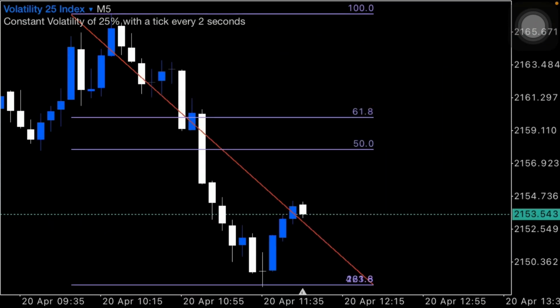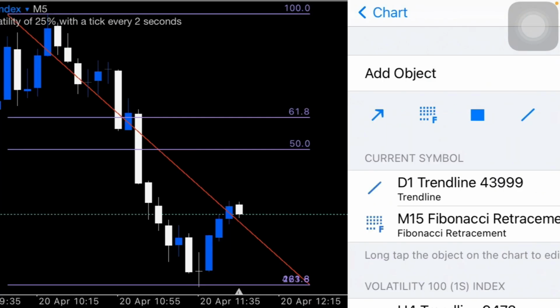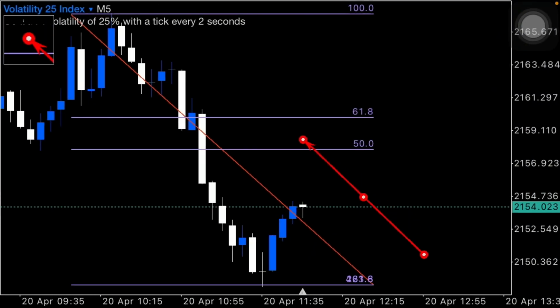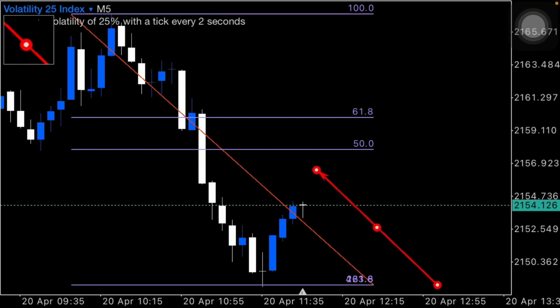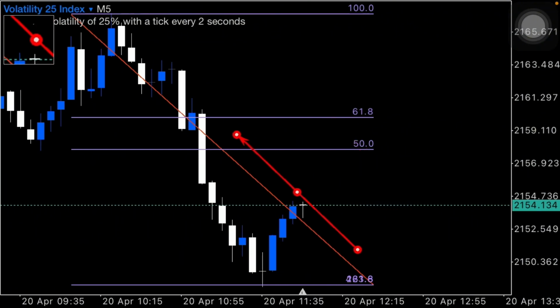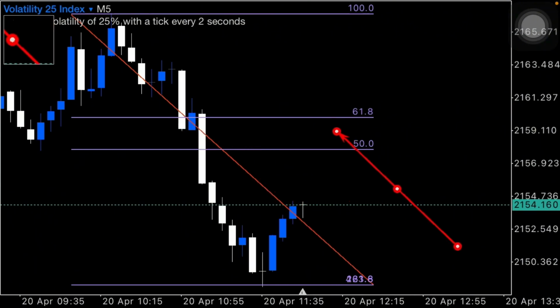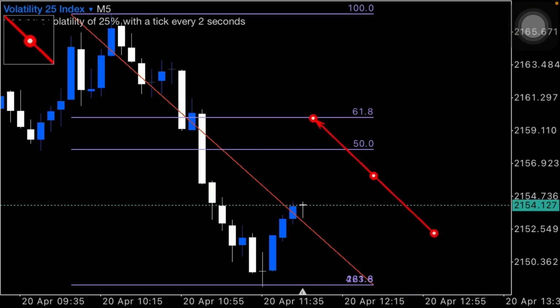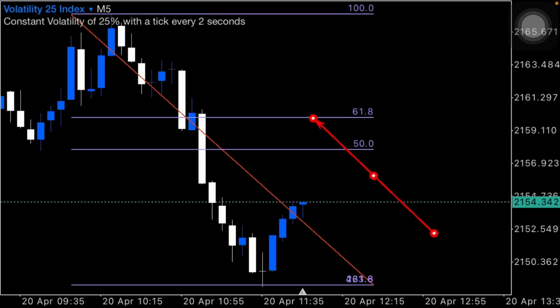Now, price is retracing towards this direction. So I'm going to place a pending order right here, so that when price comes to this point, it will trigger it, then see how the trade goes.